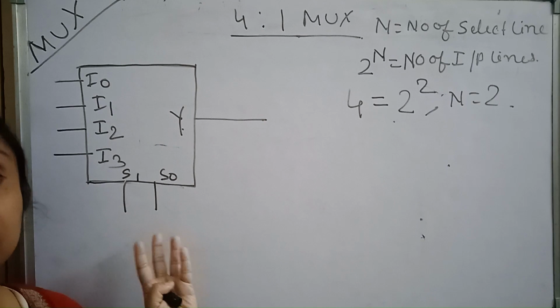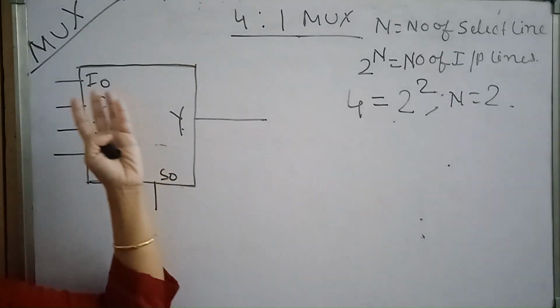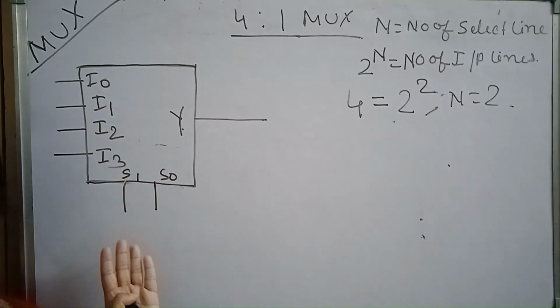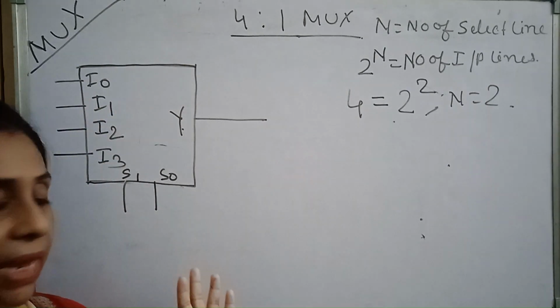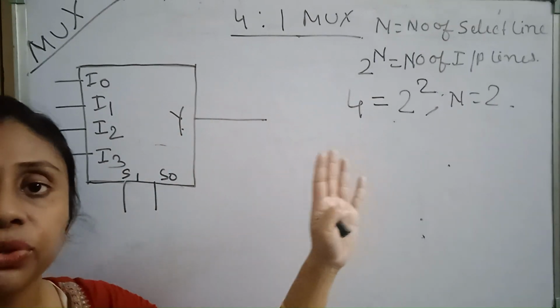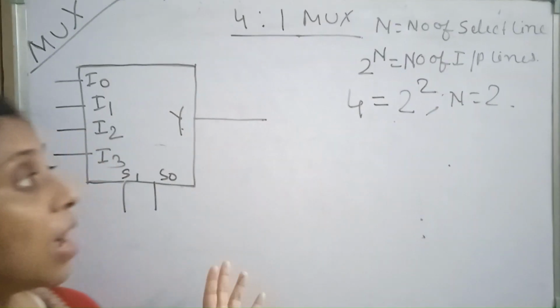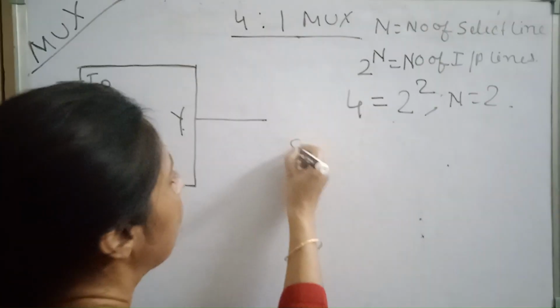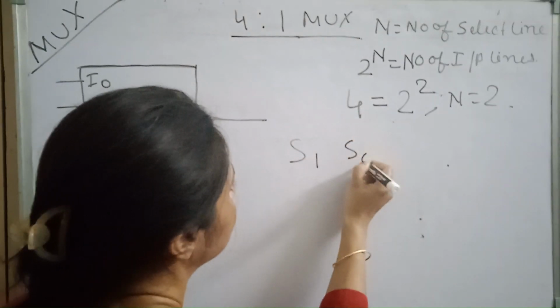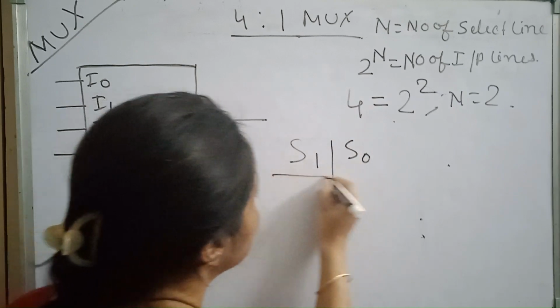Now depending upon the select line inputs, one from the 4 input lines will be selected, and that is transferred to the output line, right? So how is the selection done? Let us see. S1, S0 are the 2 select lines.